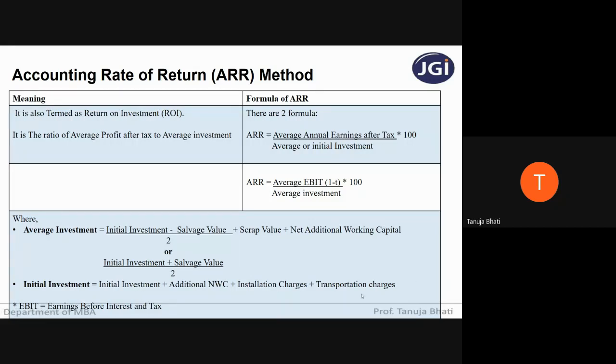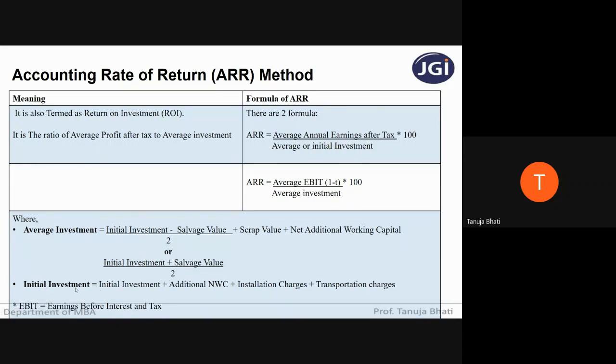And to get the asset up to your factory gate, you have spent another 4,000 on transportation. So your total initial investment is not only your initial investment, but also the additional net working capital, installation charges and transportation charges, which in this example sums up to 1,29,000.